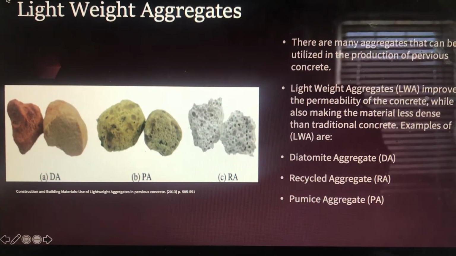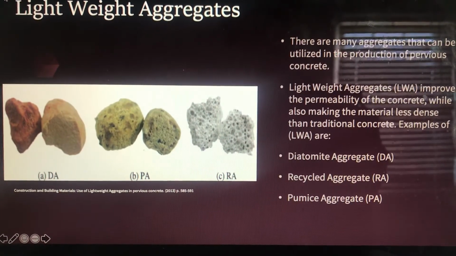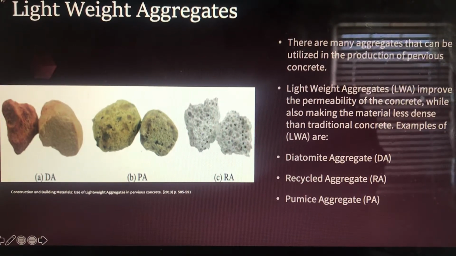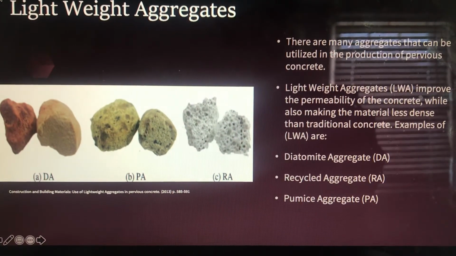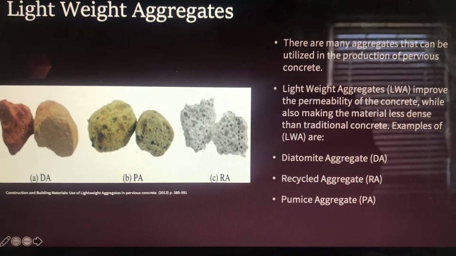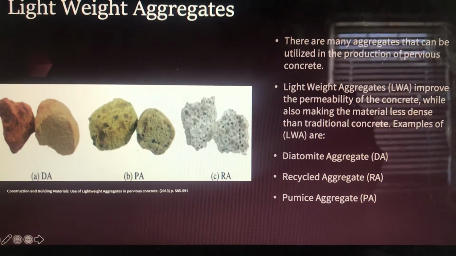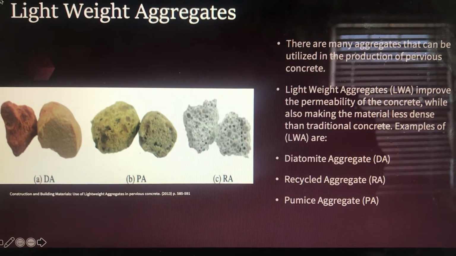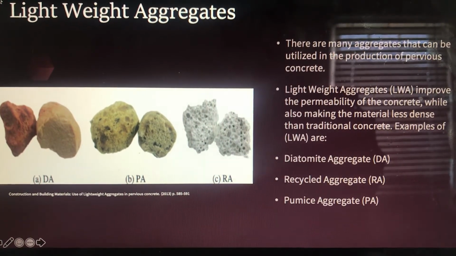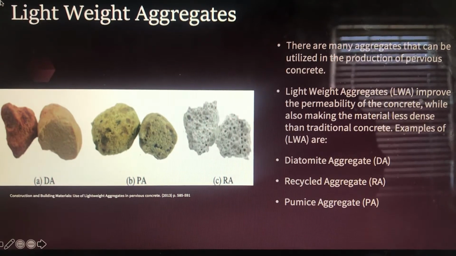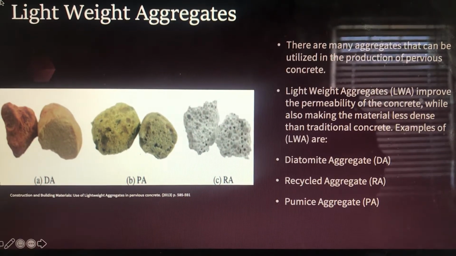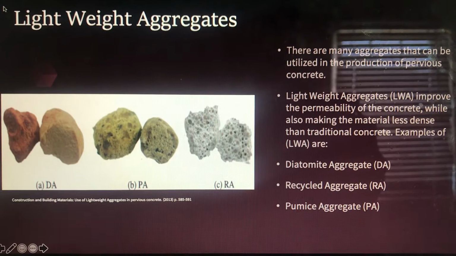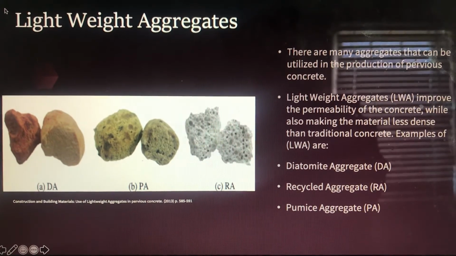So the lightweight aggregates are great for structural walls, because they suffice for load bearing, but they also are less dense. So on second and third and fourth stories of buildings, you have less dense structural walls, but they're also comparable to regular concrete walls that are holding up the same load. So this is an excellent substitute for regular concrete structural walls.